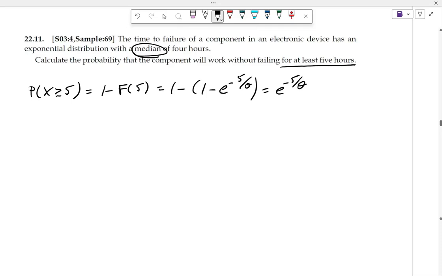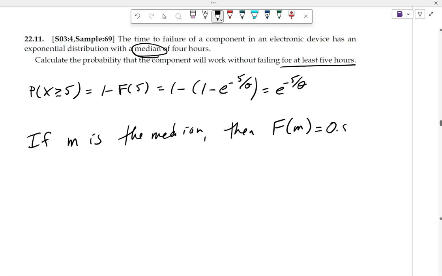So for the median, if M is the median, then what would I get when I plug the median value into the distribution function? What should I get out if it's the median? 0.5, right? It's the thing that splits the distribution in half by probability, correct?